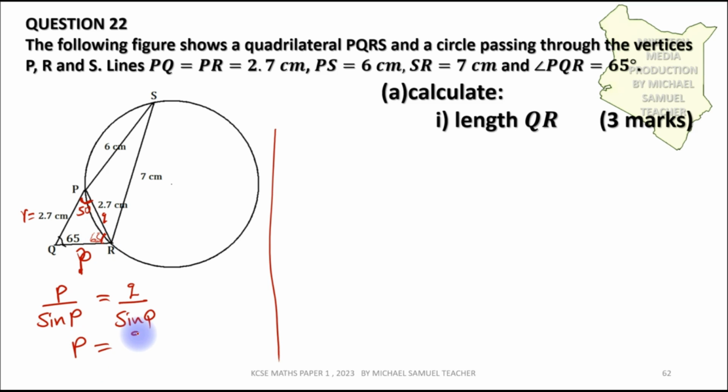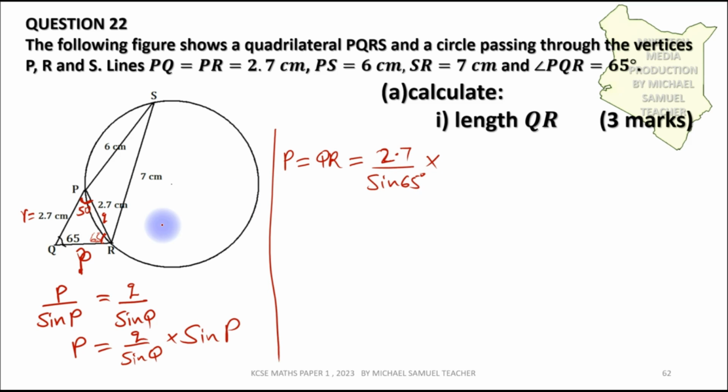So p will be given by q over sine Q times sine P. Therefore, p, which is equal to QR, will be 2.7 over sine 65 degrees times sine 50 degrees.